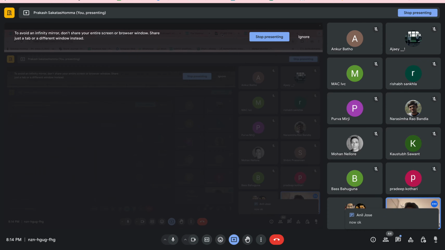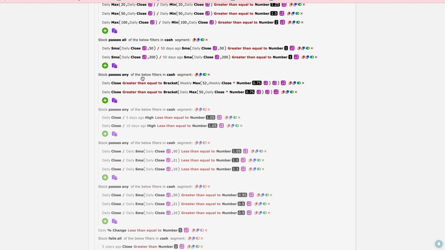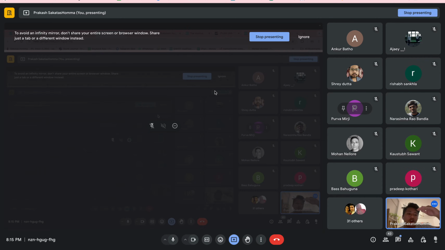So what I have done is I have basically said that I want stocks which are within 25% of the 52-week high, right? This is again a piece of the Minervini trend template. I don't want anything which has slid below 25% from the 52-week high, because 52-week high से 25% ज़्यादा slide किया मतलब थोड़ा there is weakness, correct?